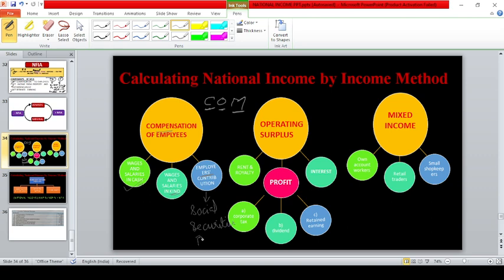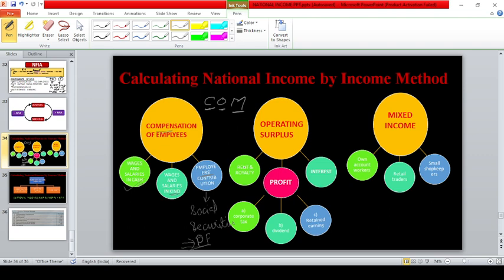For example, provident fund. Some percentage is contributed by the employer towards the PF, that is provident fund, for the social security of the employee. So compensation of employees consists of wages and salary in cash, kind, and employers' contribution to social security.